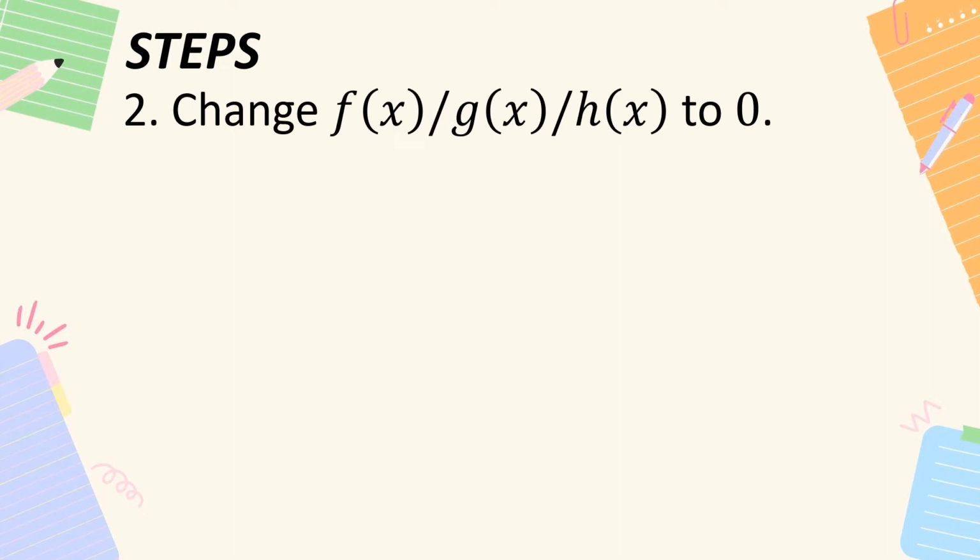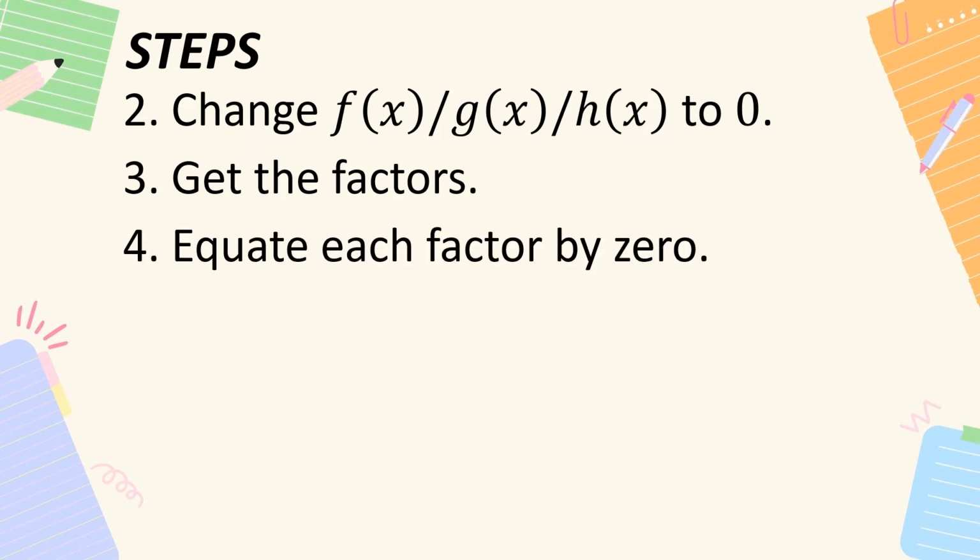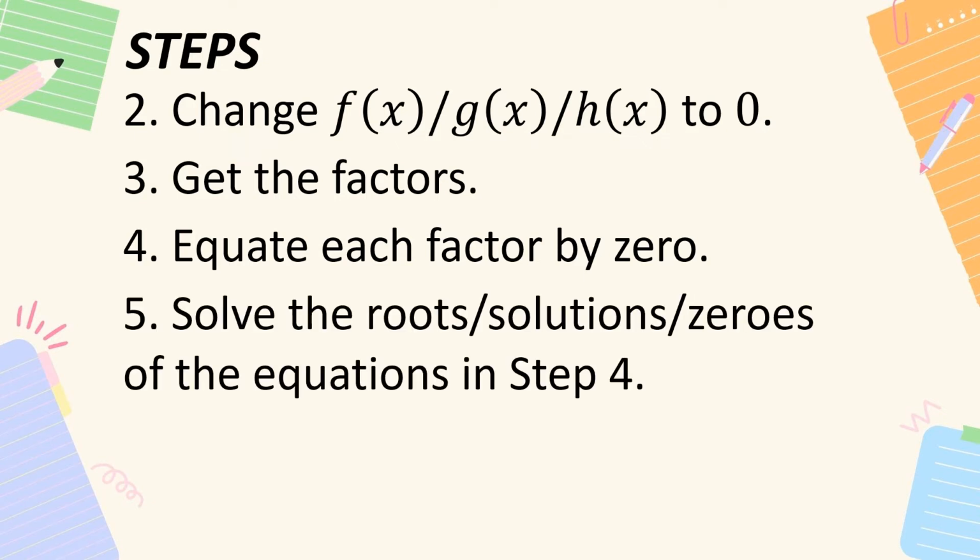Second, change f of x, g of x, or h of x to 0. Third, get the factors. Fourth, equate each factor to 0. And fifth, solve for the roots, solutions, or zeros of the equations in step 4.